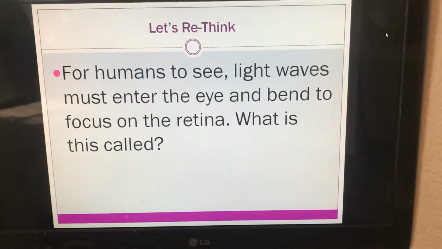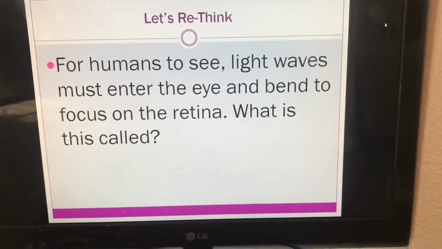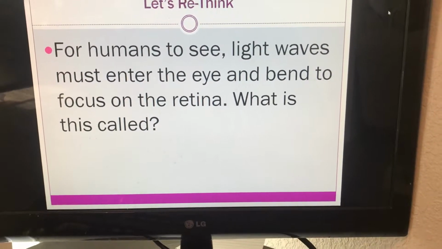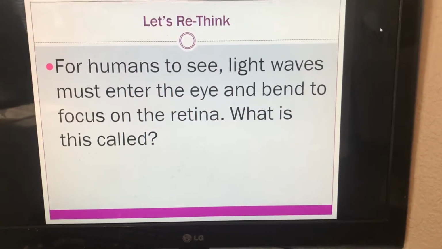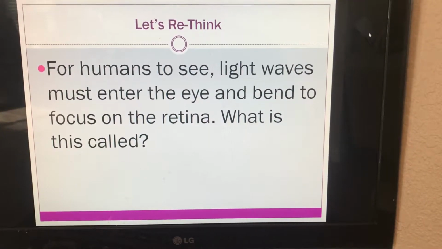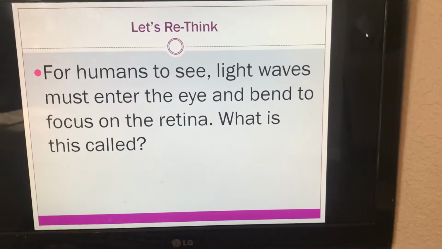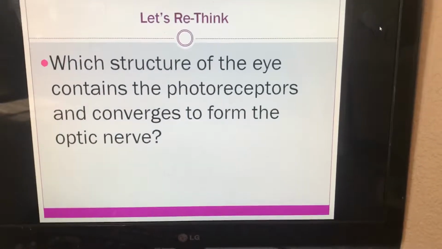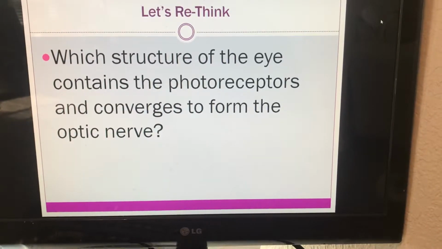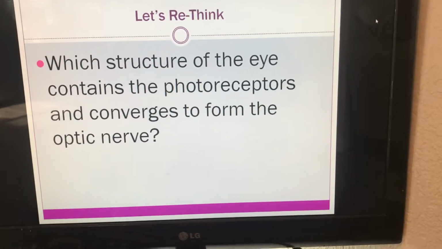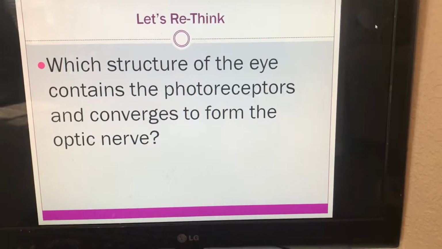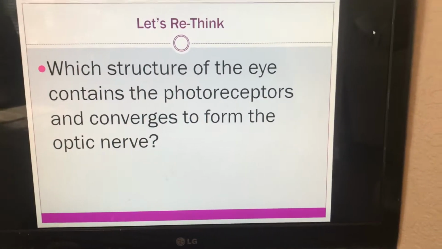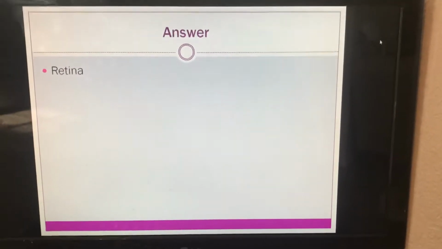So let's review. For humans to see, light waves must enter the eye and bend to focus on the retina. What's this called? Refraction. Which structure of the eye contains the photoreceptors and converges to form the optic nerve? The retina.